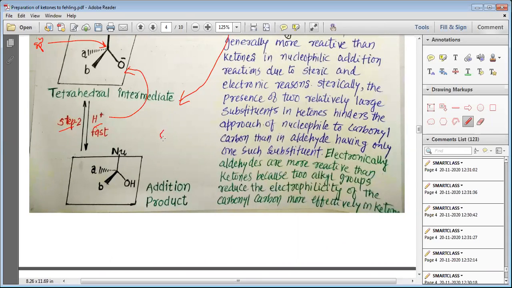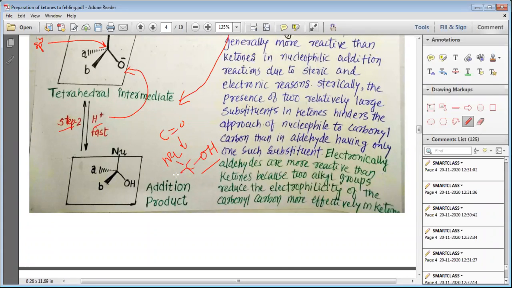So my dear students, this C double bond O turns out to be C-Nu and OH. So this is how we will get the addition product.